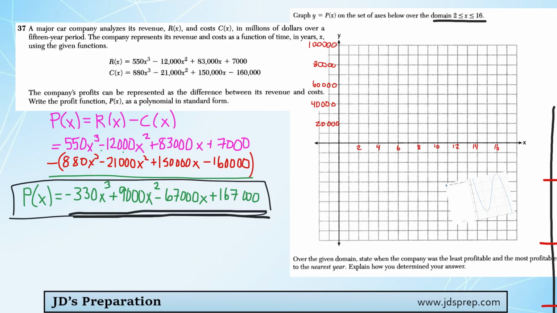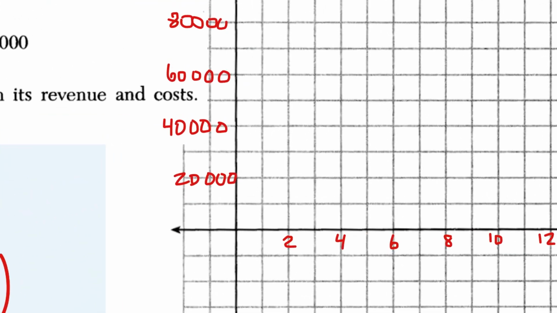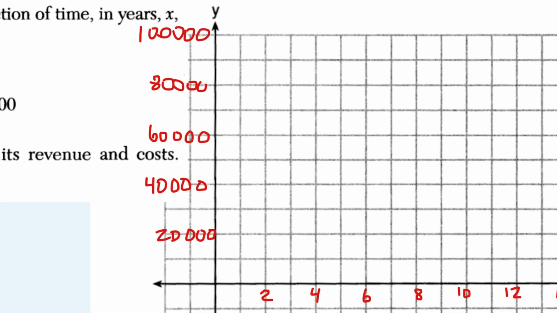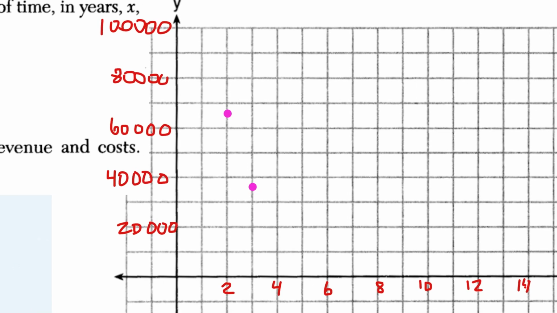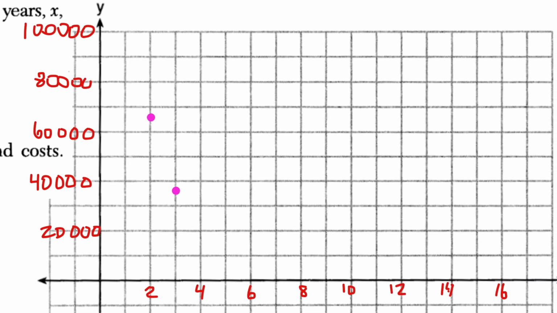Using that example on the table, you should see that when x is equal to 2, you get a y value of 66,360, which roughly would be right around here. When x equals 3, you would be just below 40,000. And so, yeah, you just carry on using your graphing calculator and the table of values to help you out.